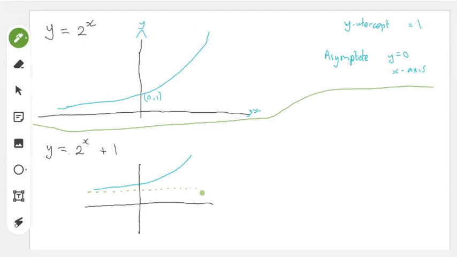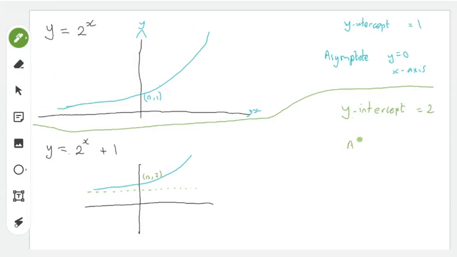So is that dotted line the new asymptote? That's exactly it. So the y-intercept is equal to, I'll let you think about what that could be. And then 2, that's it. And then 1 is the asymptote.